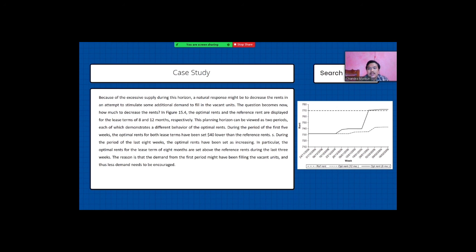During the last 8 weeks, the optimal rents have been set as increasing. In particular, the optimal rents for the lease term of 8 months are set above the reference rent during the last 3 weeks. The reason is that the demand from the first period might have been filling the vacant units, and thus less demand needs to be encouraged.